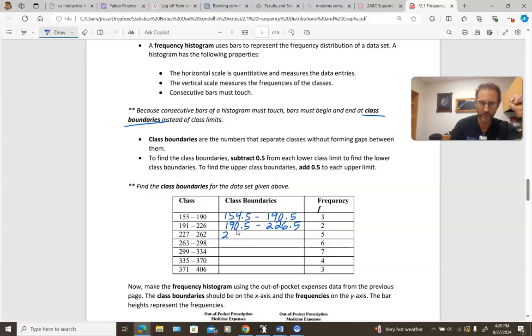But this next one would be the previous boundary. And then this one would be 262 plus a half step, so 262.5. And that would become the lower boundary for the next one. And then 298.5.